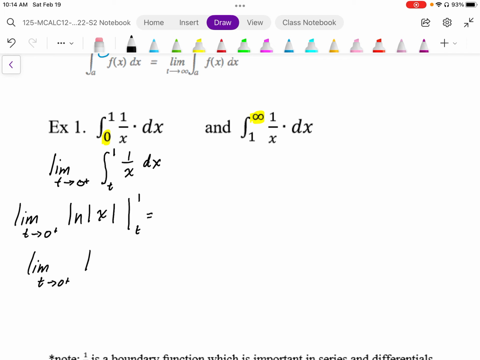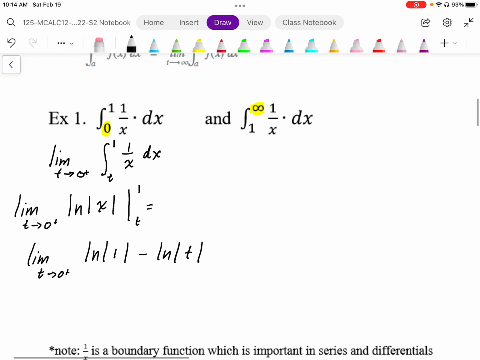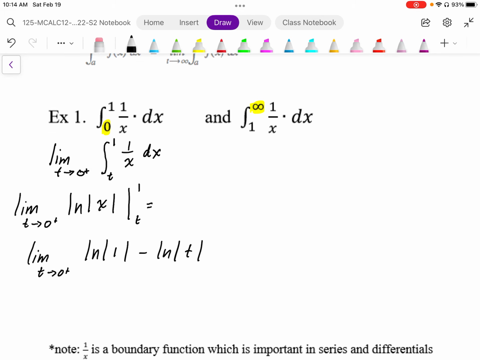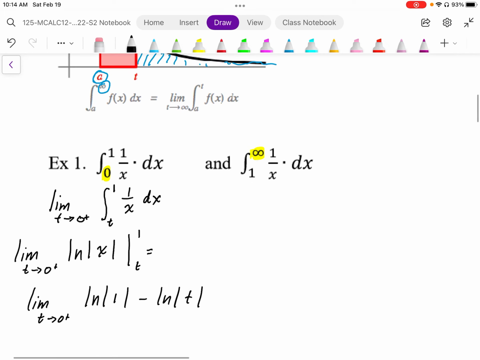Now I plug in ln 1 minus ln of t. And because t is approaching 0, log of t is going to negative infinity. So if you kind of think about the log function, going to 0 from this side is headed towards negative infinity.